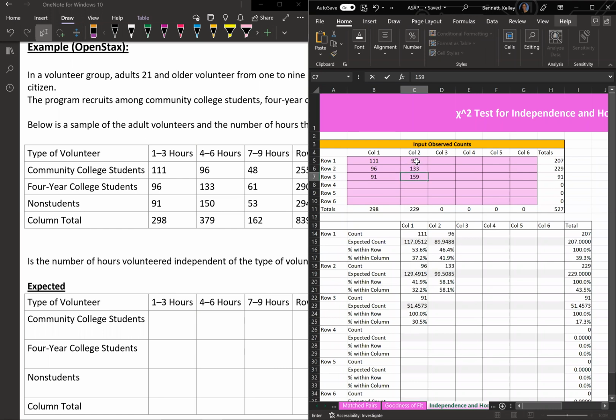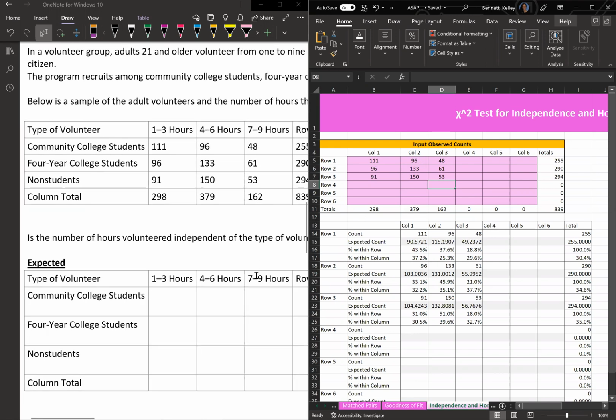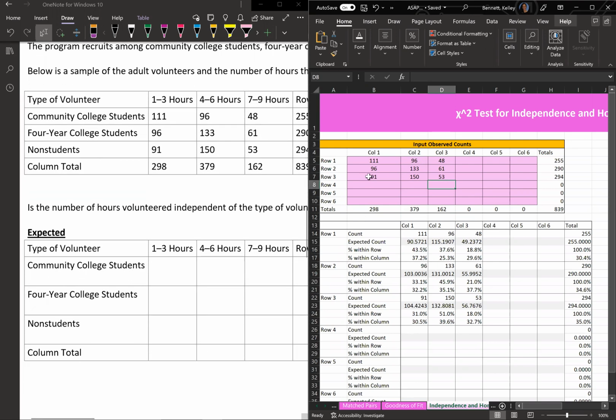With each cell that I fill out, I'm getting some output below it. And that output is exactly my expected values, which is what I want. So if I look at my expected values, in my first position, I have 111 people from community college who volunteered 1 to 3 hours.